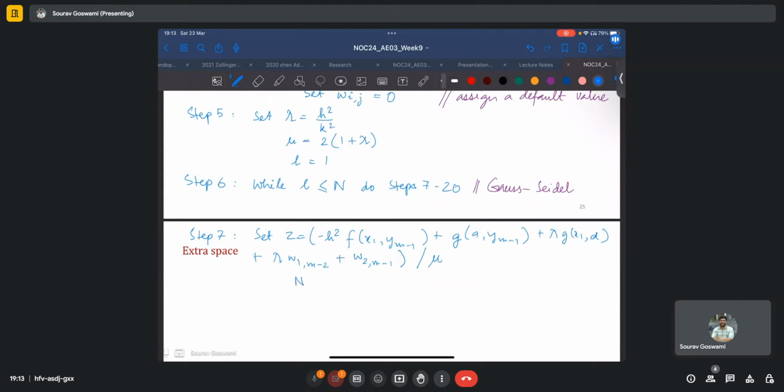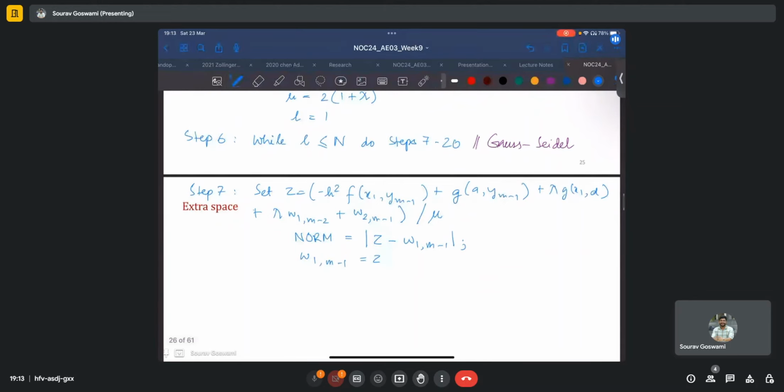We find the norm of this with respect to w1 m minus 1, then set w1 m minus 1 equal to z. All of these steps constitute the general algorithm for the Gauss-Seidel iterations. They have no supplementary meaning apart from that.